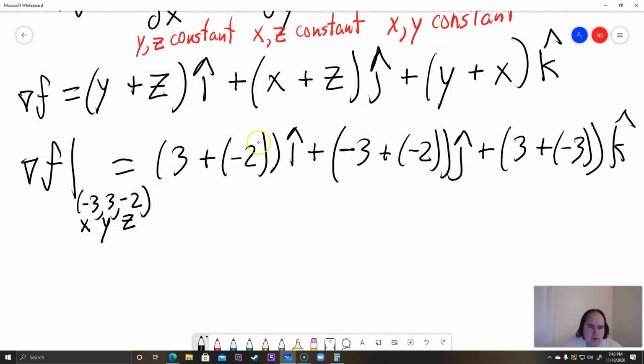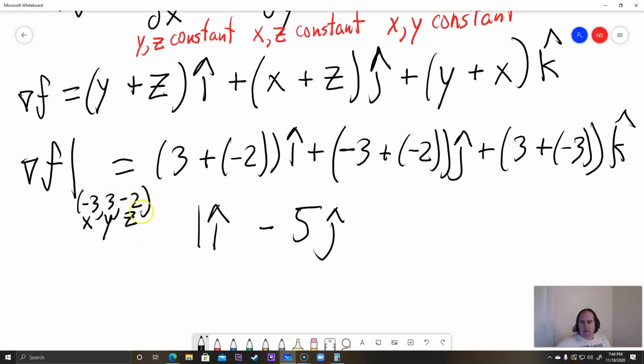So 3 plus negative 2 is 1. So for our first coordinate, we just have 1 times i, which is i. And then for our second coordinate, we have x plus z, which is negative 3 plus negative 2, which is negative 5. So we have minus 5j. And then for our last coordinate, we have y plus x, which is 3 plus negative 3, which is 0k.